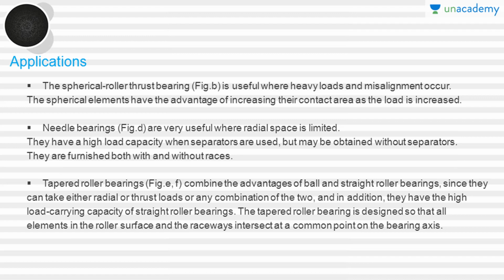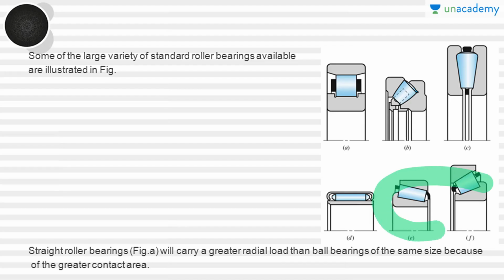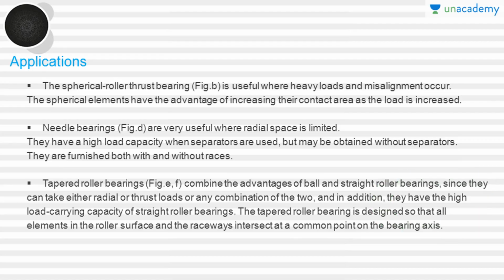The taper roller bearing is designed so that all elements in the roller surface and the race face intersect at a common point on the bearing axis. These taper roller bearings are used to take the thrust load and also the radial loads on the joints.